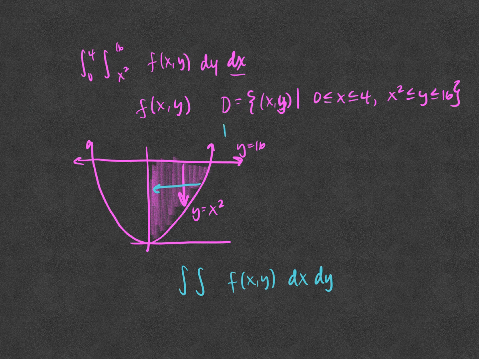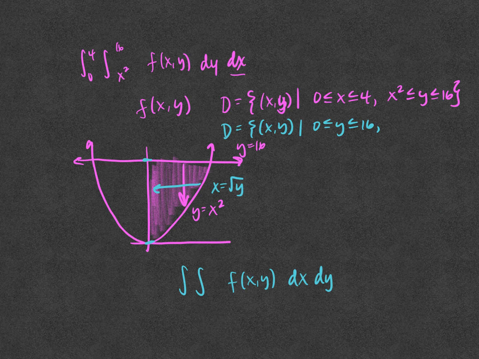Now, it may be easier to go ahead and change it up here and say xy such that now my y boundary is going to go from 0 to 16. So we're going to say y is between 0 and 16. Now we need to talk about x. This one is x is equal to the square root of y. So we take the square root of both sides.